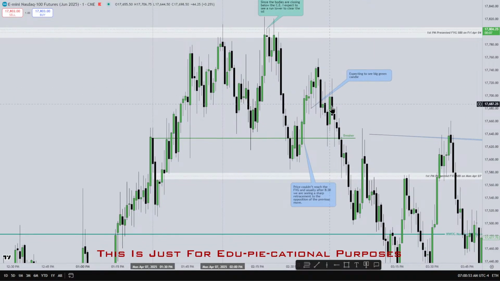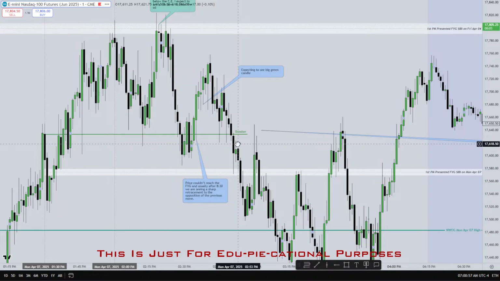After that, we have a run to the lower part, and here you can see the market is reaching the 2:50 to 3:10 macro time. You can see this breaker that we were expecting to act as bullish, now it's acting as bearish.